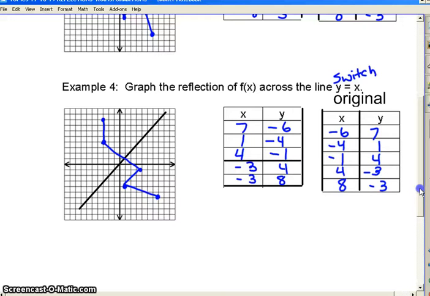So just to let you know, the original point, for example, negative 6, positive 7 was right here. And whenever I switched those, positive 7, negative 6 was over here. If I connect those, that line would be perpendicular to the line I reflected it over.